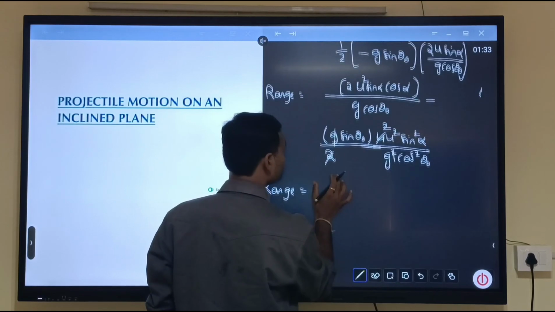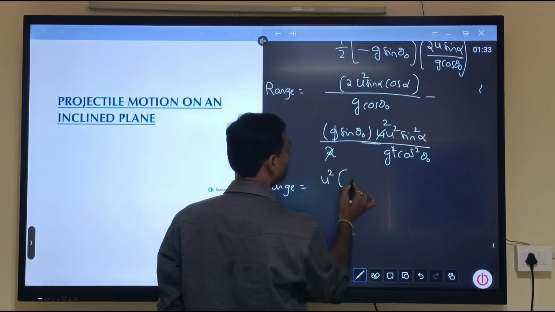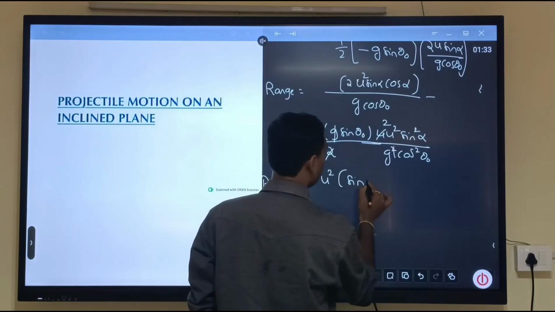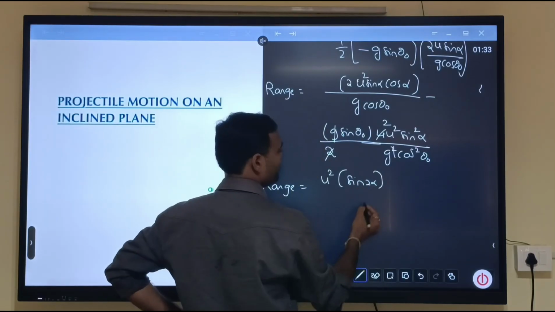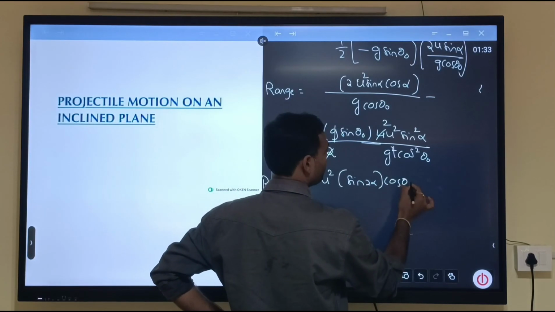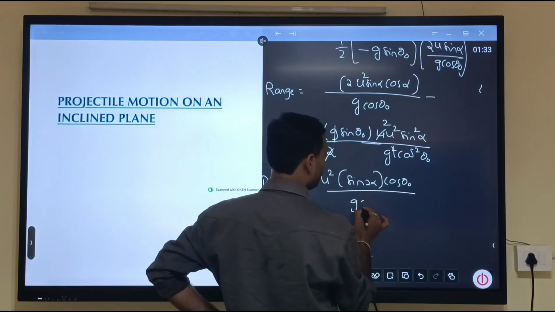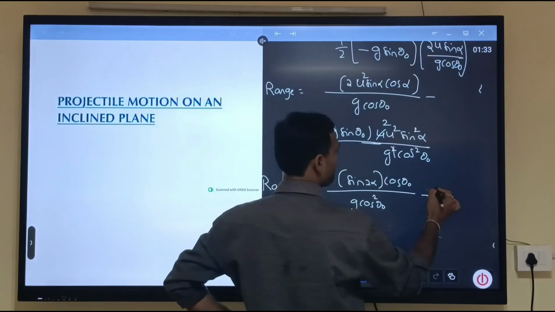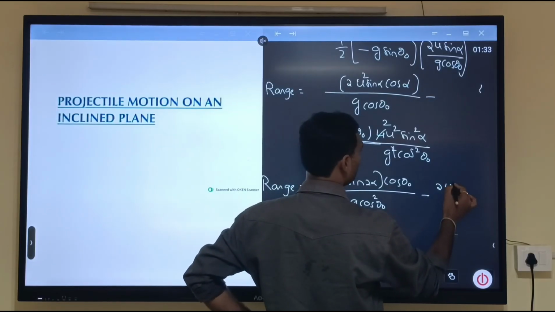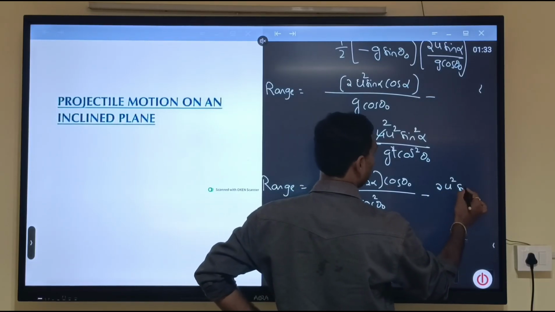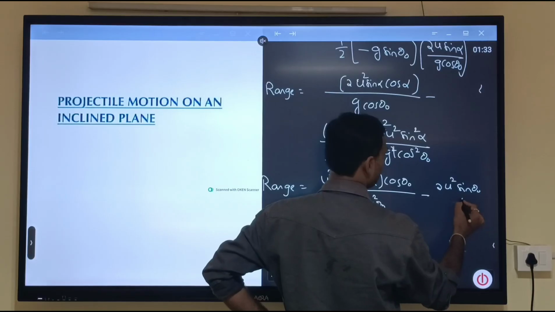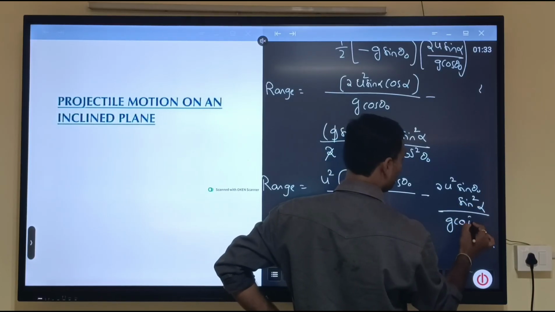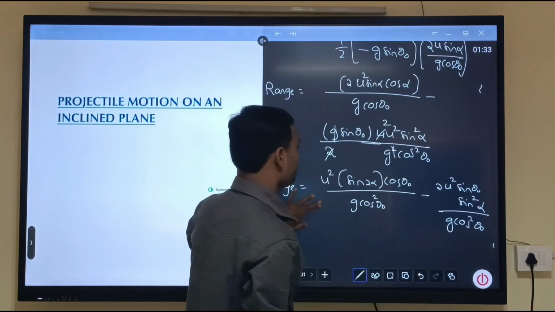I can take u square common, then this will be sin 2 alpha, and for numerator and denominator multiply with cos theta naught, g cos square theta naught, minus 2 u square sin theta naught sin square alpha by g cos square theta naught. Right?